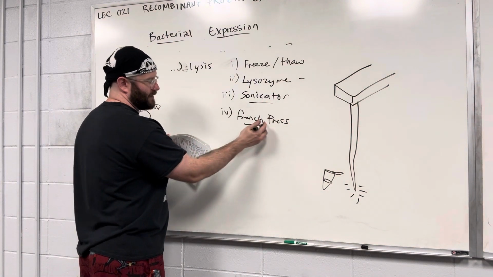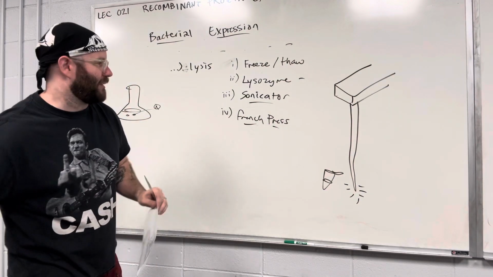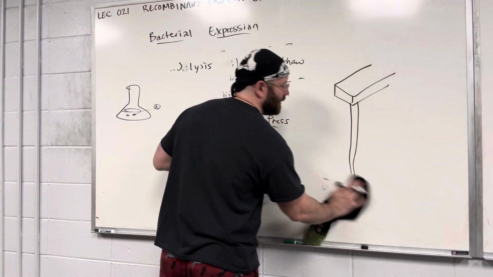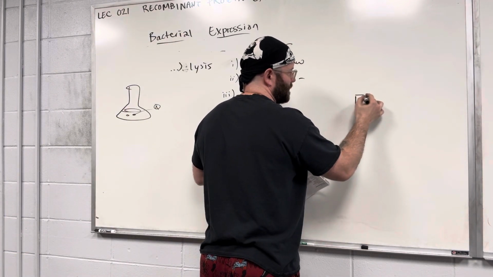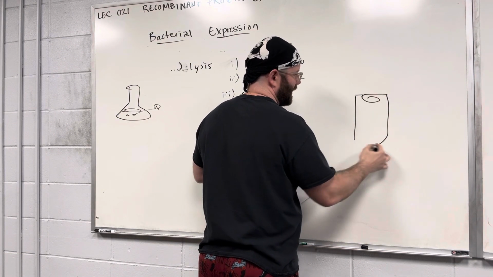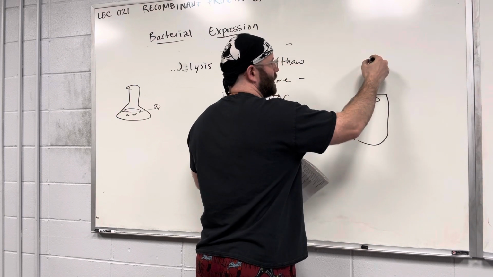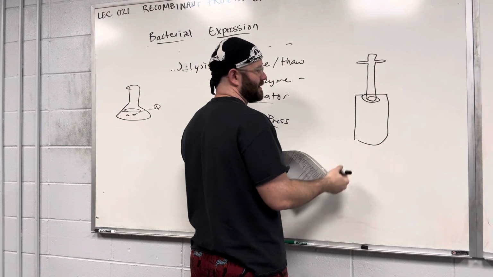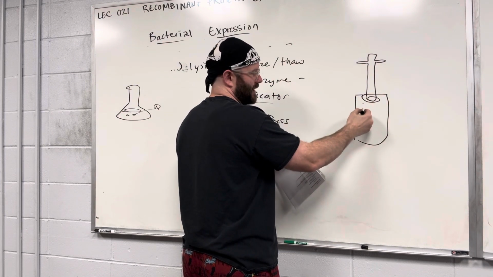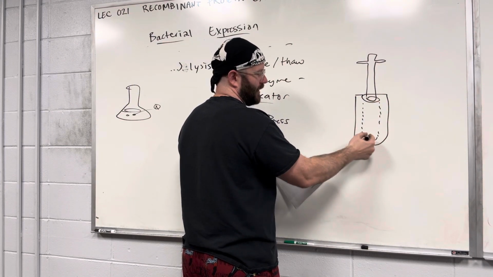And then another way, it's becoming less common. We used to have one, although now it's broken, the French press. So the French press is this kind of machine, not a coffee French press, but a machine that has a cylinder like this with a plunger. There's actually a video on this in the playlist if you want to see this. And you can fill the inside of this. There's a cavity, okay?